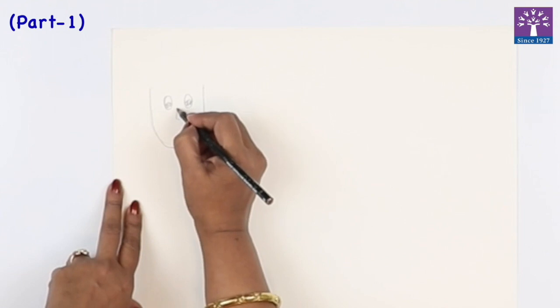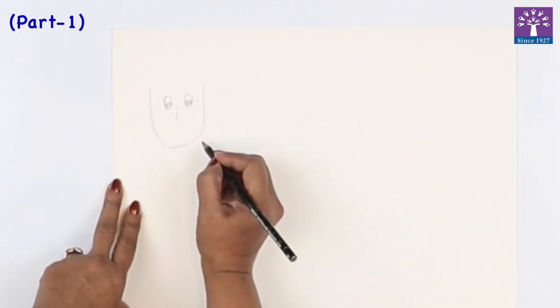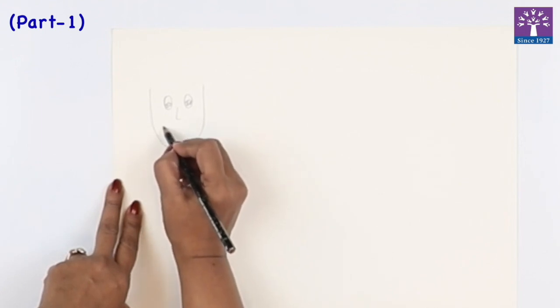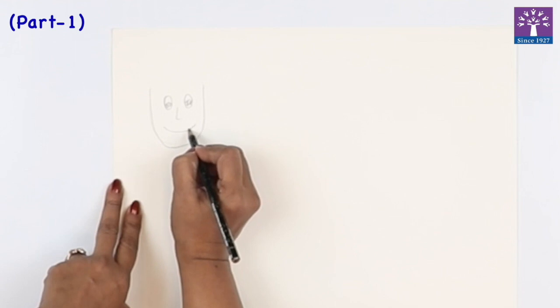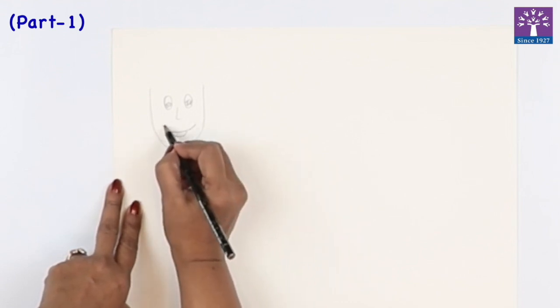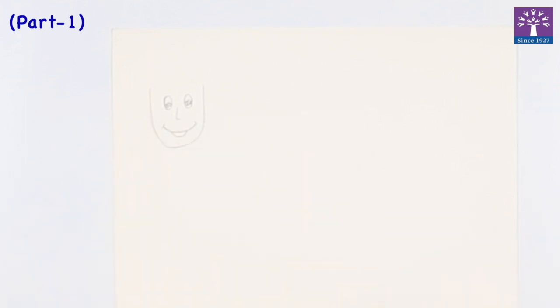Nose. Letter L. See? Becomes a nose. Now if you want to show that your face is very happy, you have to draw a big curve. Like this. There. Doesn't your face look happy?